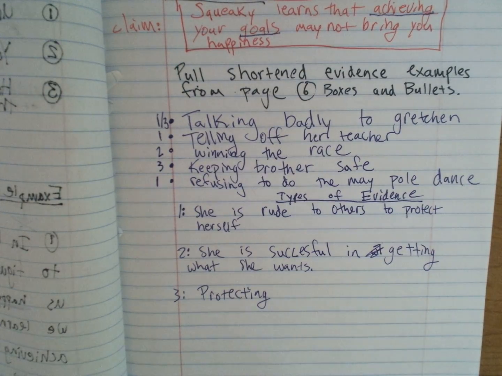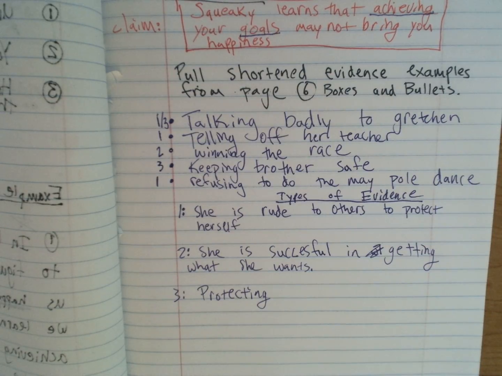Now that we have finished sharing with our partners, if you're watching the video, you should pause it now to make sure you've written down evidence and put them into types.